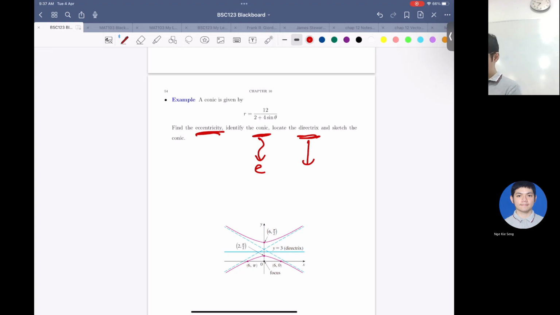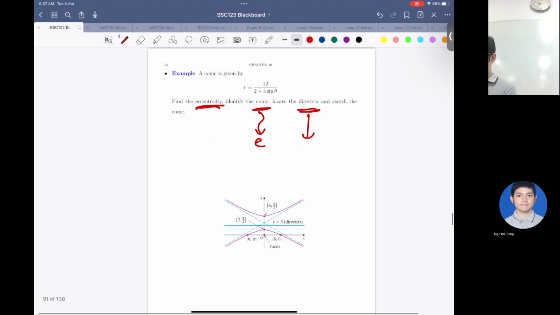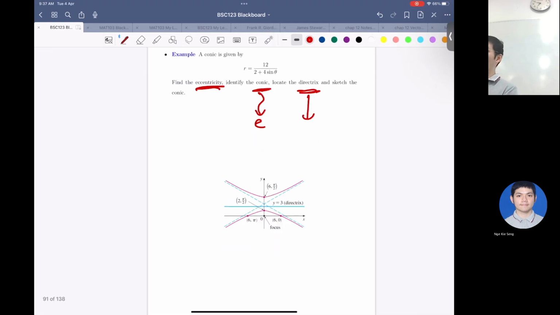Given a function in polar form, or in XY Cartesian form, can you find these important points: focus, eccentricity, directrix? They should be straightforward from the formula. No derivation needed, just apply the formula.